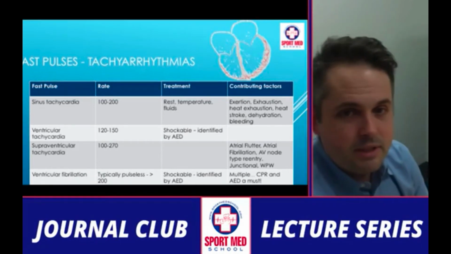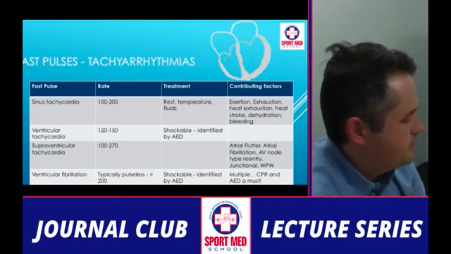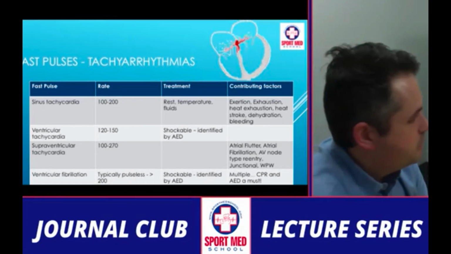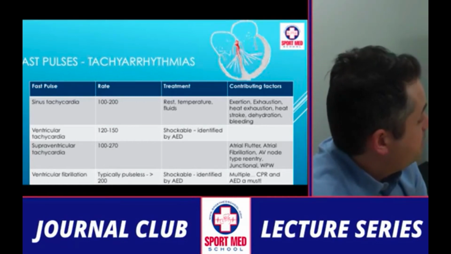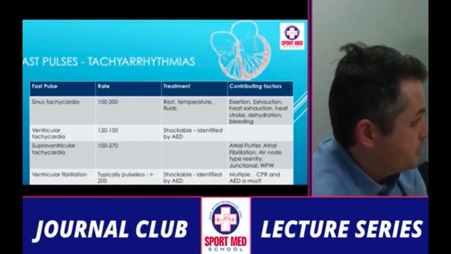In terms of the different tachyarrhythmias, obviously there's sinus tachycardia, which we'll see fairly often just because the athletes have been moving around. But a ventricular tachycardia can go anywhere from 120 to 150. That can be shockable. They may be stable in a ventricular tachycardia, so they're not necessarily unconscious or unresponsive.